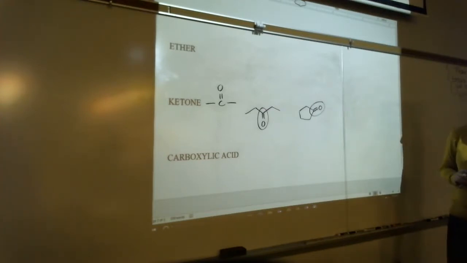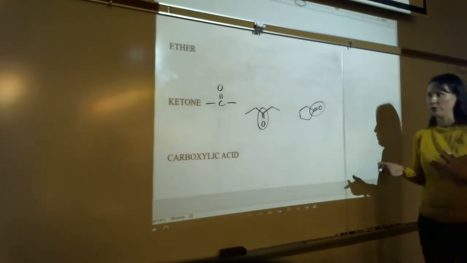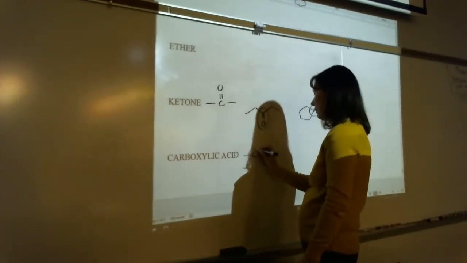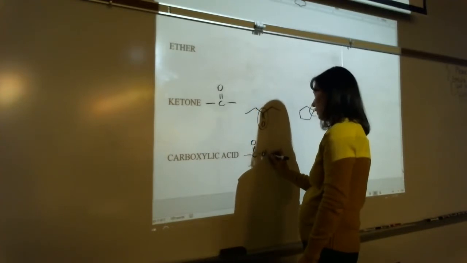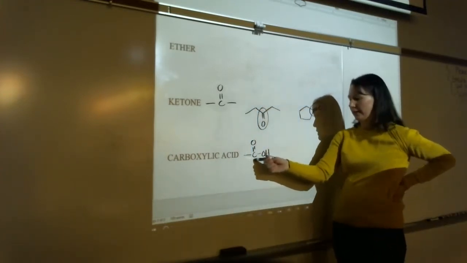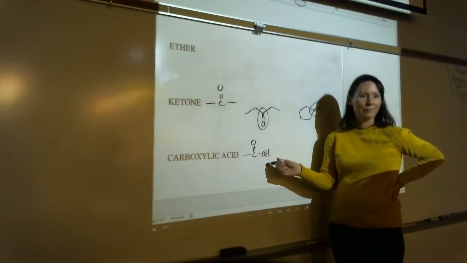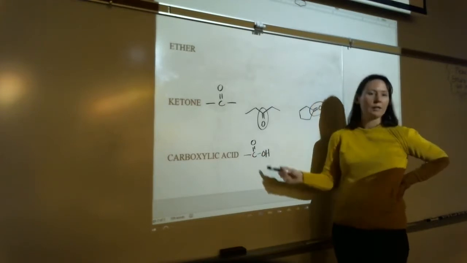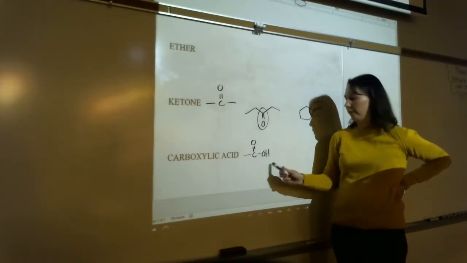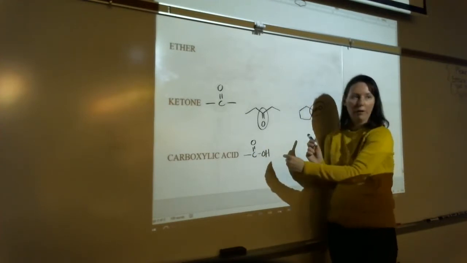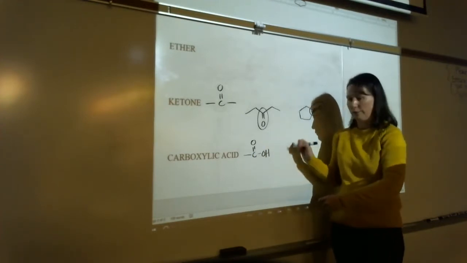And then the last one, I saved this one for last because students always mess it up. A carboxylic acid looks like this. Students mess this one up because they'll say it's a ketone next to an alcohol. And that's not correct. This whole unit is called a carboxylic acid. Okay? So a lot of students will split this up. They'll call that a ketone and that an alcohol. And I'll say, wrong, sadness, right?